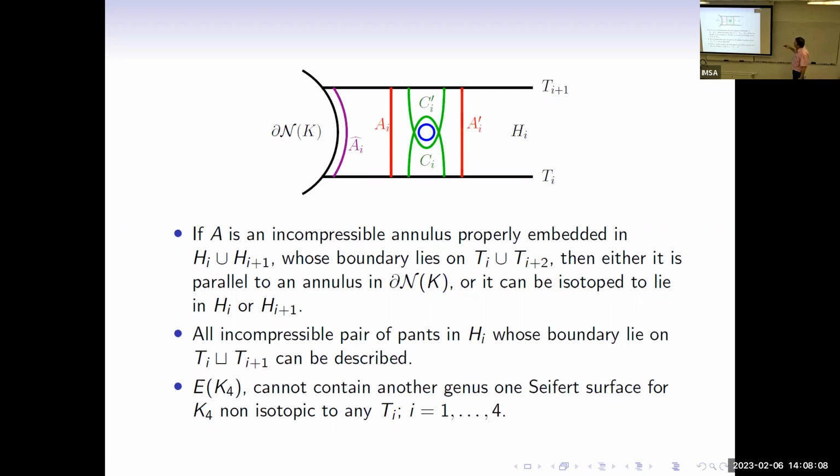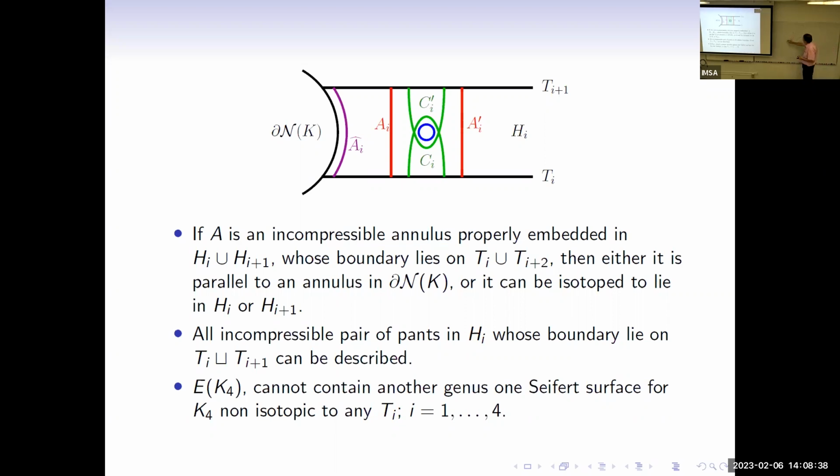Yeah. And second, if we have an annulus that goes all the way from here to here, this cannot exist, something like that. Okay, this is what is claimed.